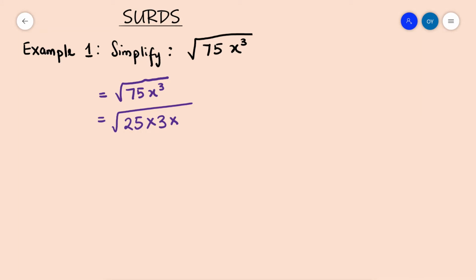Then x cubed can be written as x squared multiplied by x from the law of indices. x squared multiplied by x is x cubed.